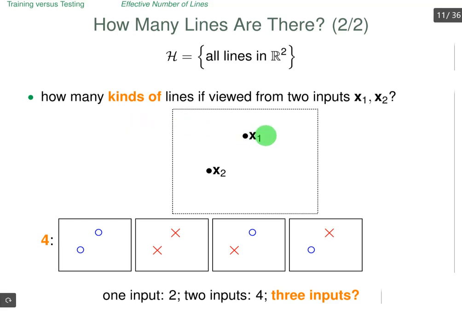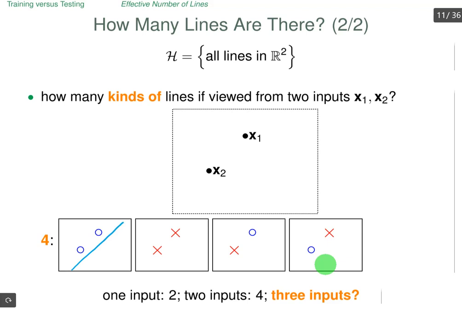So, okay, we can think about 4 different cases of labeling. Hypothesis 1 will find it as 2 blues. Hypothesis 2, 2 reds. Hypothesis 3, these different combinations. Hypothesis 4, these different combinations. So let me draw it here, for example.